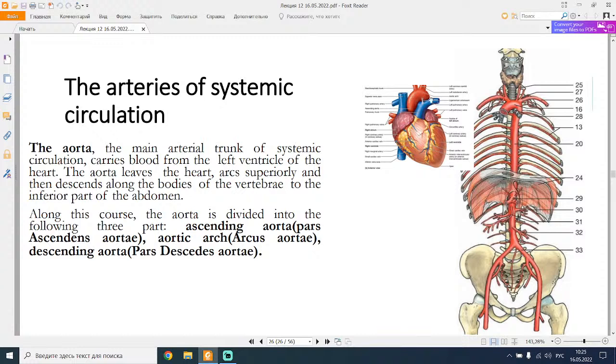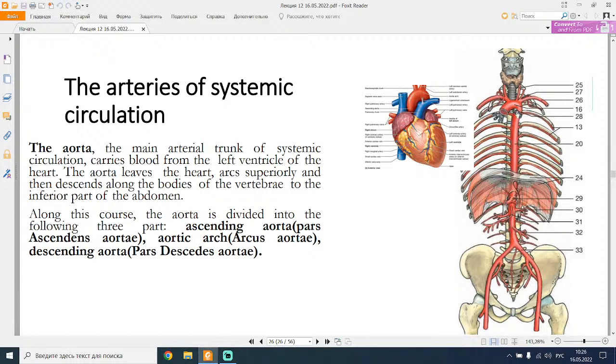The aorta leaves the heart, arcs superiorly, and then descends along the bodies of the vertebrae to the inferior part of the abdomen.